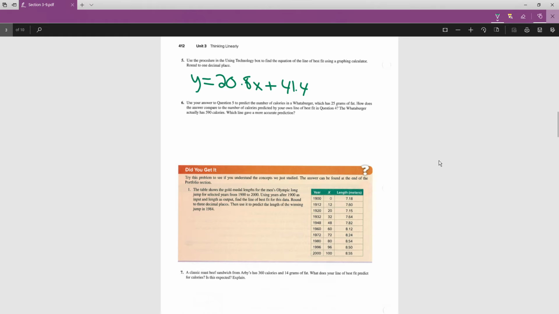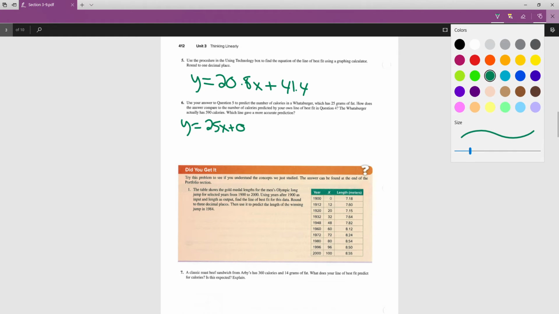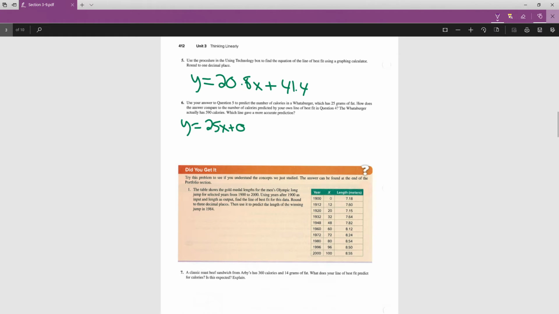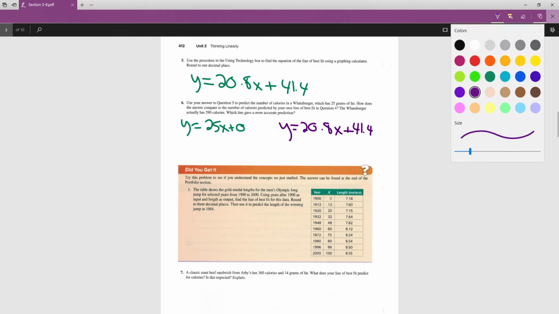So the equation we found in question 4 was y equals 25x plus 0, while the equation from the calculator, which is probably going to be more accurate, was y equals 20.8x plus 41.4.